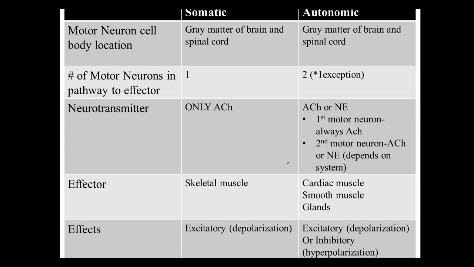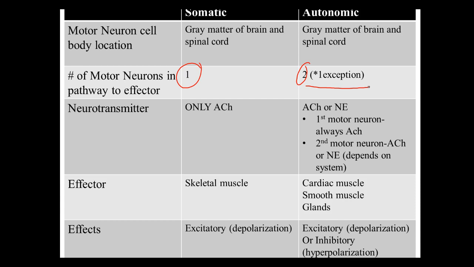So here's just a quick chart to sum up what we've talked about. Where is that first motor neuron located? It can be in the gray matter of the brain or the spinal cord. In the somatic system, we have one motor neuron in the pathway. Autonomic, we have two, but remember we had that one exception. What was the exception?